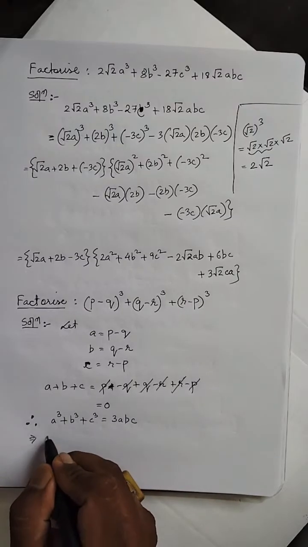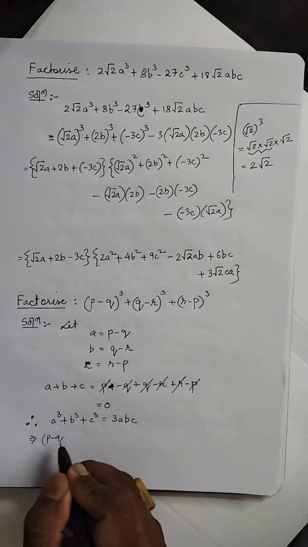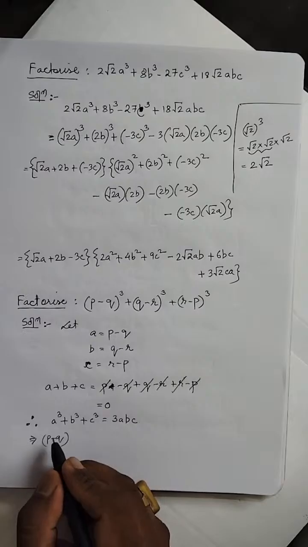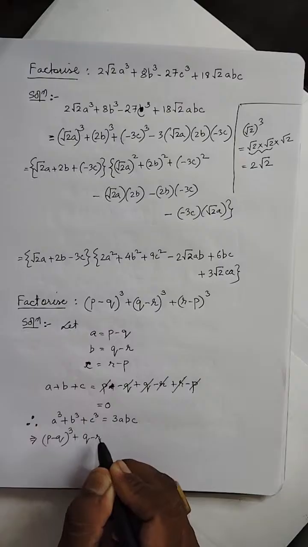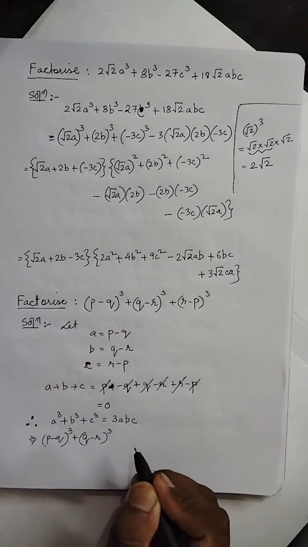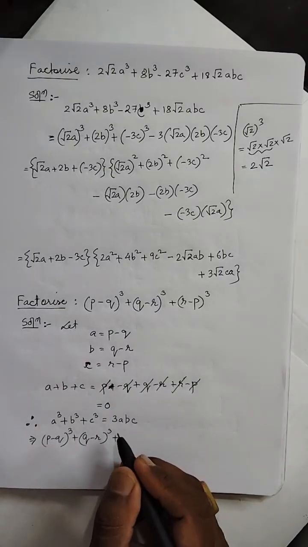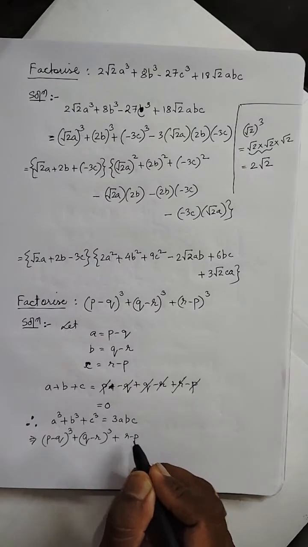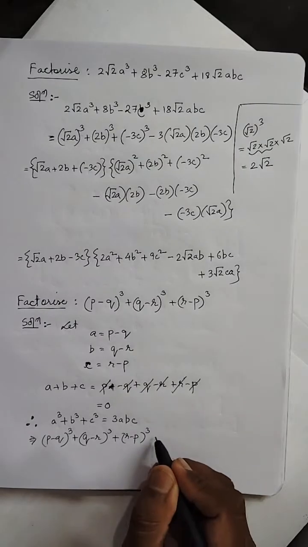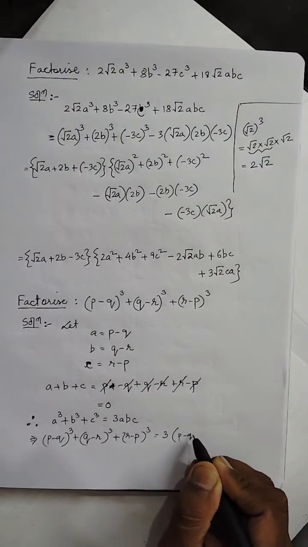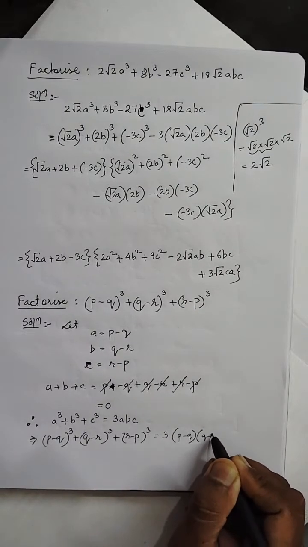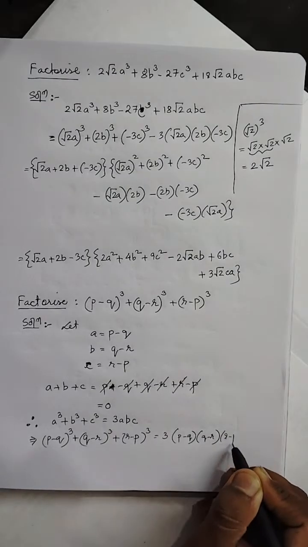A is p minus q whole cube. B is q minus r whole cube. And C is r minus p whole cube is equal to 3abc. So 3 p minus q, q minus r, and r minus p.